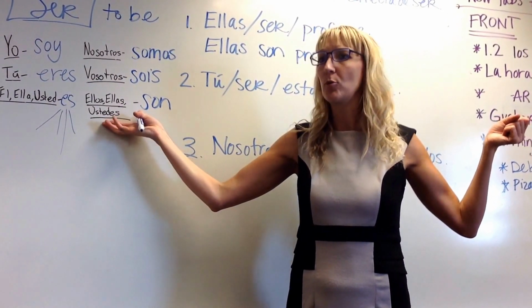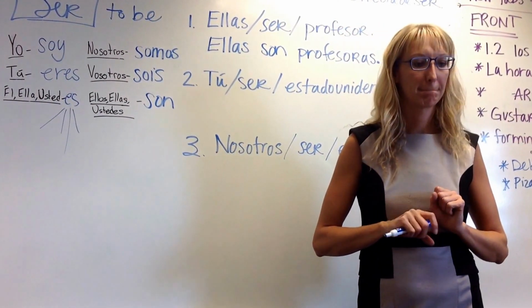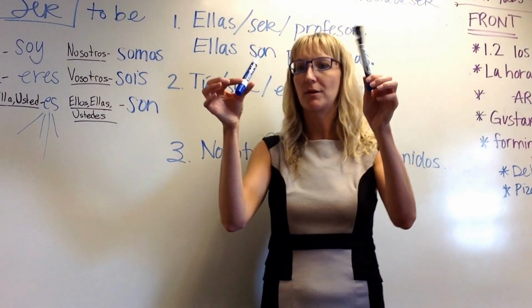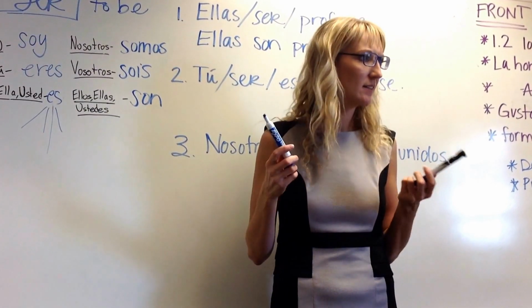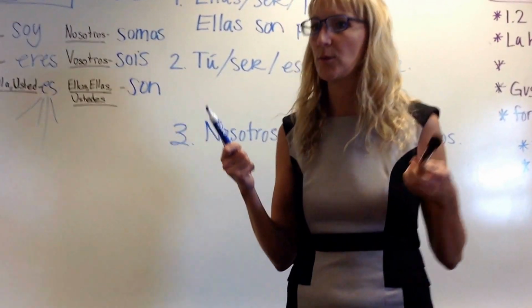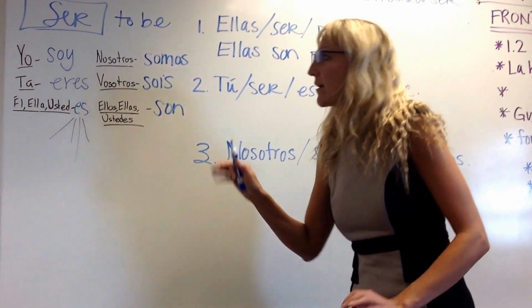And what is the last meaning of son then? They are, for a bunch of objects. What are those? Oh, they're markers. Okay. All right, we got all of our verbs.